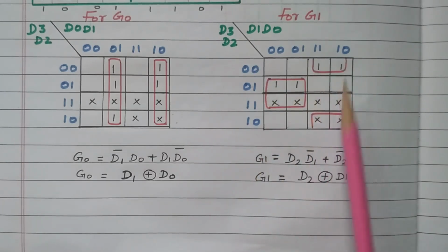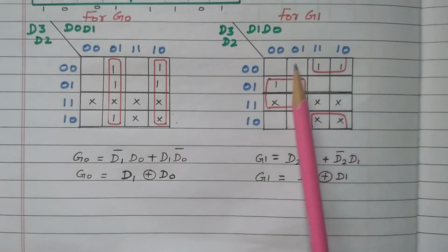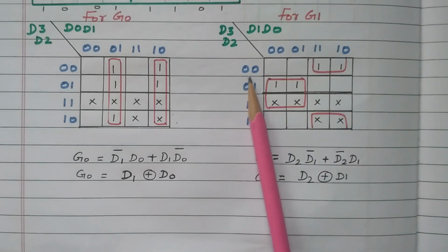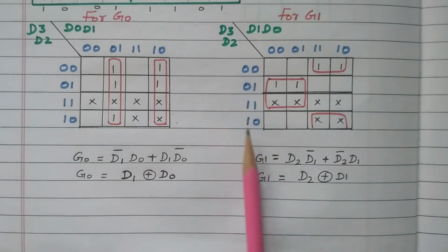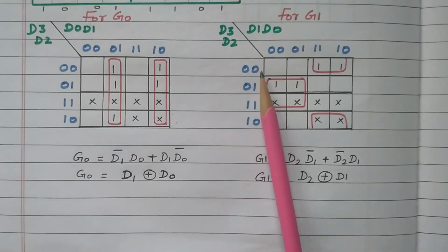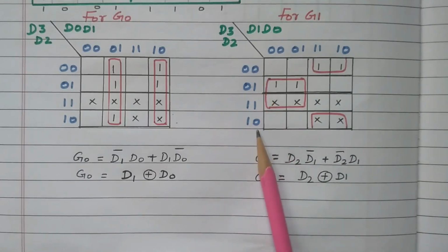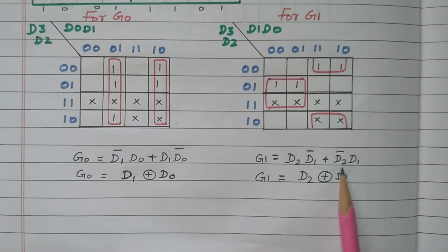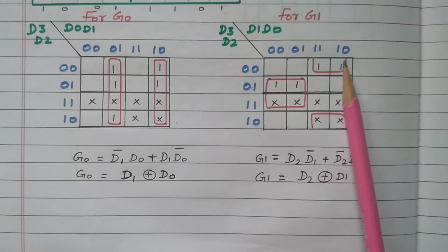Now we'll group these 4 cells. So we have to refer the corresponding first row and last row. What is available in the first row? 0, 0. Last row 1, 0. So the first digit here 0, here 1 got cancelled. Second digit is 0, here also 0, right? Second digit means D2. 0 means D2 dash, right? So corresponding third column and fourth column we have to refer.